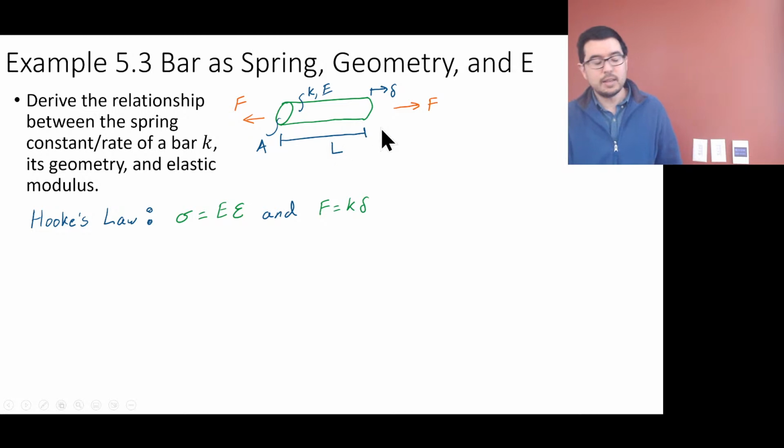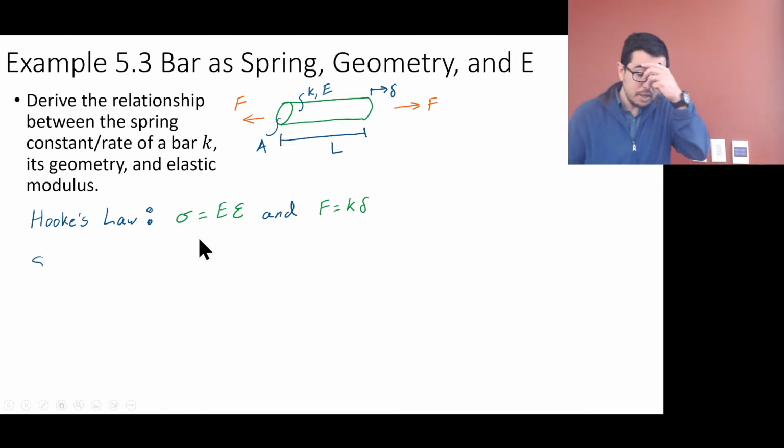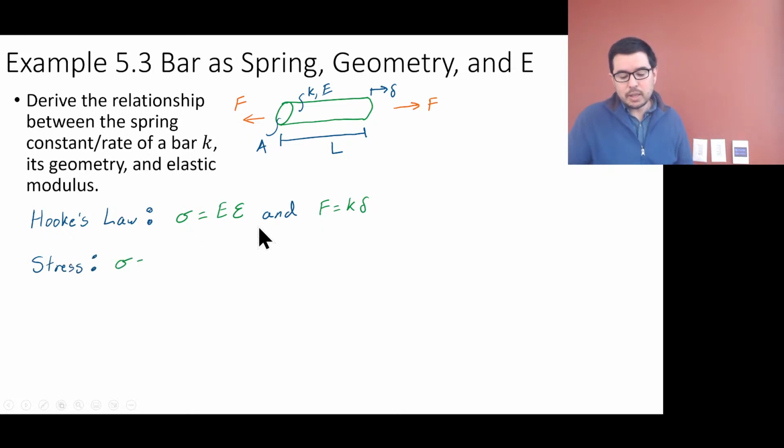L is its initial length. F is the force. A is the cross-sectional area. The two forms of Hooke's law are sigma equals E epsilon and F equals K delta. The stress is sigma equals F over A. The strain is delta over L.